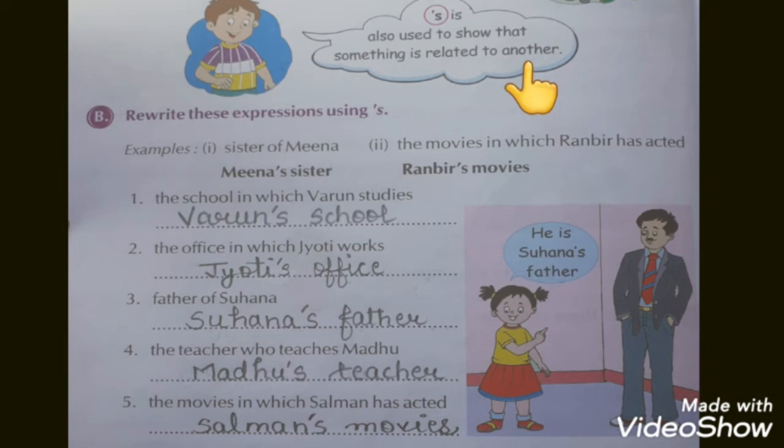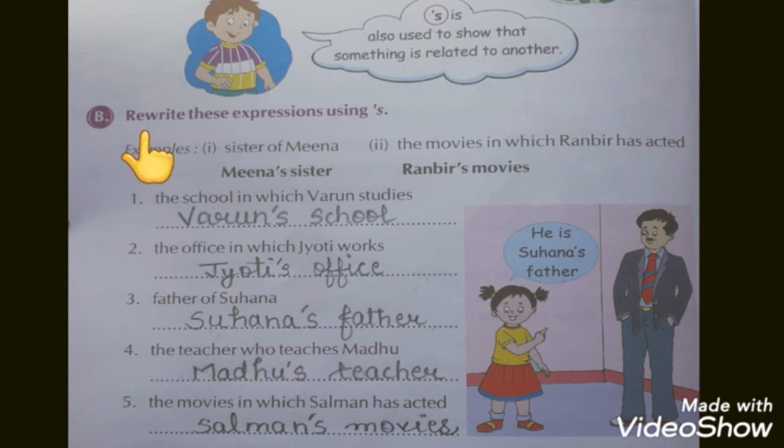But here Rahul is a noun and जो brother है, so now apostrophe has been put with Rahul. So Rahul's brother shows that Rahul और Nilesh का क्या है? दोनों एक दूसरे से related हैं. That means Rahul is related to Nilesh, and Nilesh is the brother of Rahul, so we call it Rahul's brother.